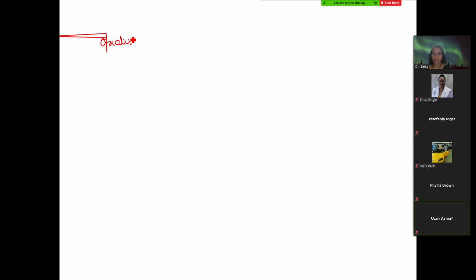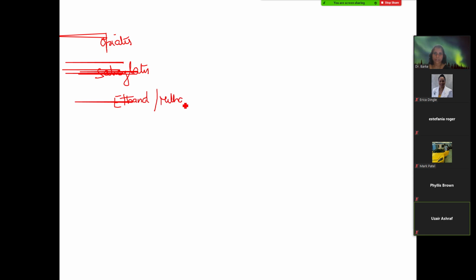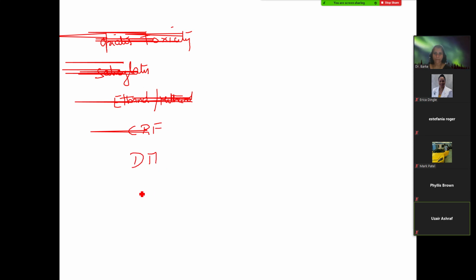Opiates, salicylates, ethanol poisoning. So all these drugs are toxicity, overdosage or toxicity of these drugs. Ethanol poisoning, then chronic renal failure, diabetes mellitus. Severe case, what can happen?